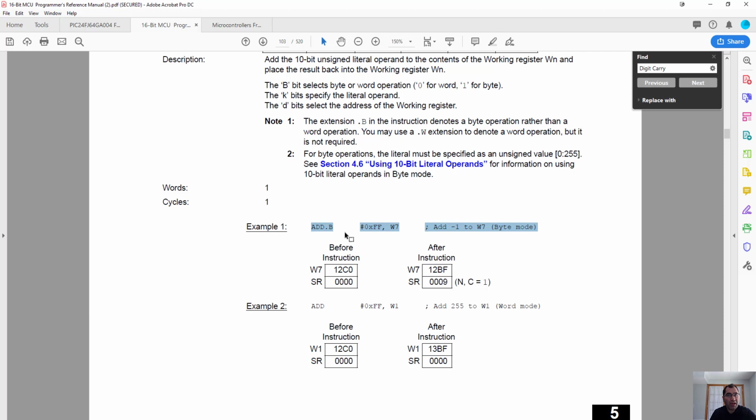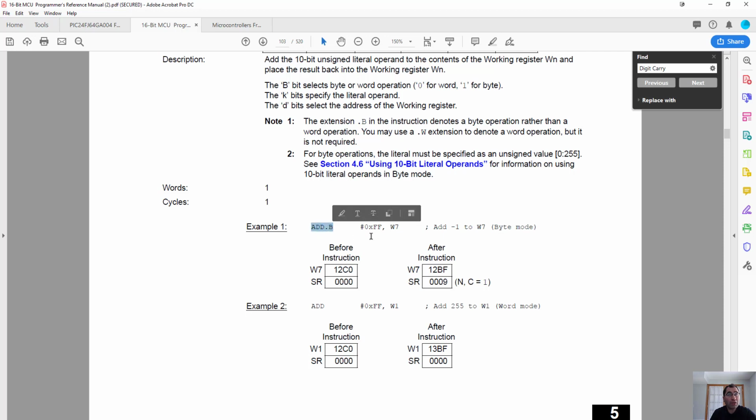If you are having a hard time understanding the instruction, you can look at these before and after scenarios and understand how that instruction works. So let's look at this one.